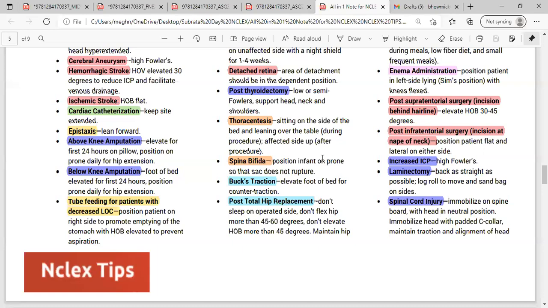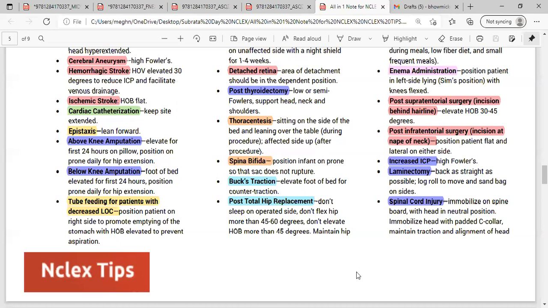Basically, keep in mind, prone position is never for abdominal surgery or abdominal incision. Also never for a patient who has difficulty with respiration.